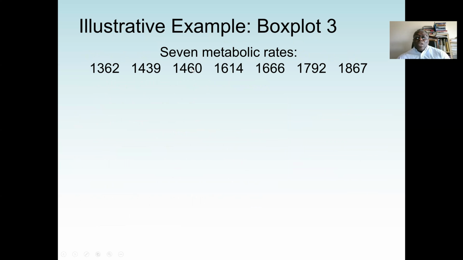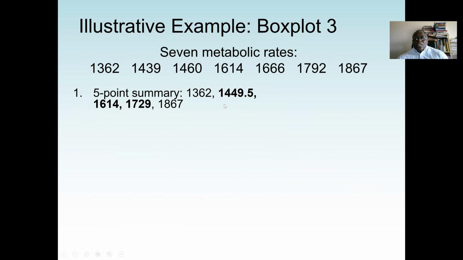So another example, we have a metabolic rate data set with 7 values. Since this data has 7 values, I get only one middle value, which is 1614. So 1614 will be our median. I take the left side: 1369, 1439, 1460, and 1614.